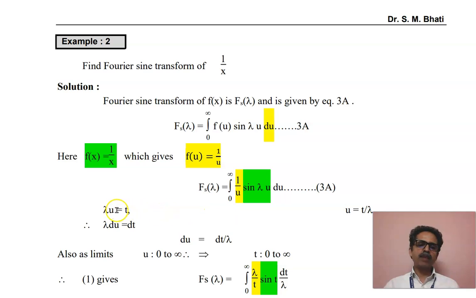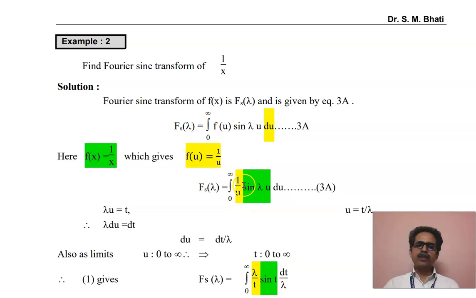The status of lambda is a constant. Hence, by taking differentials on both sides, lambda into du is equal to dt, from which we get du is dt upon lambda.